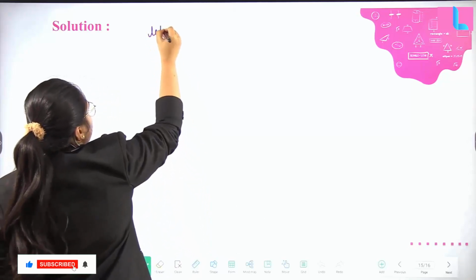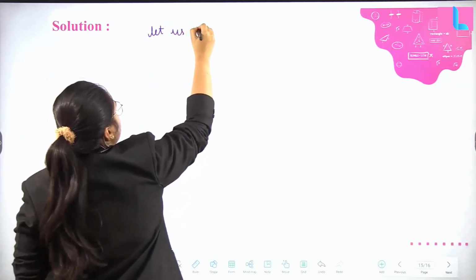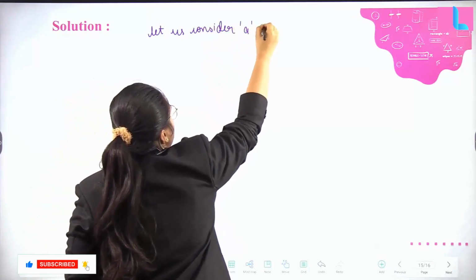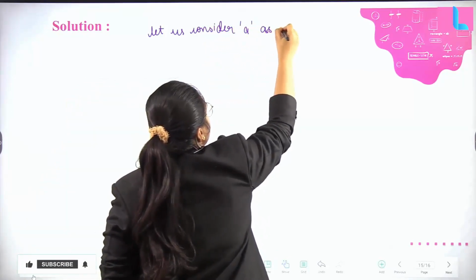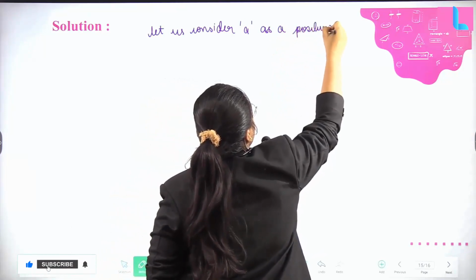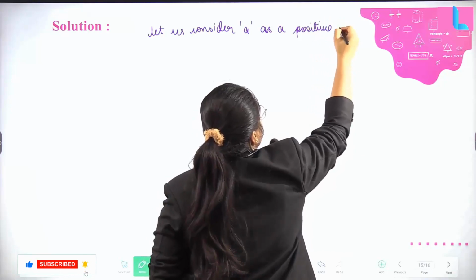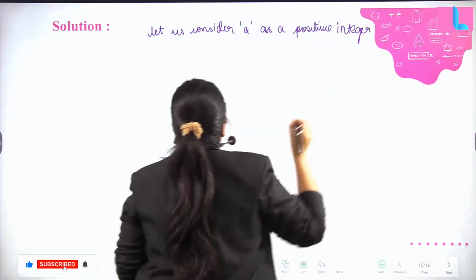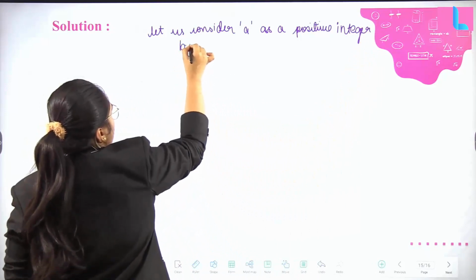Let us consider a as a positive integer and b is equal to 3.